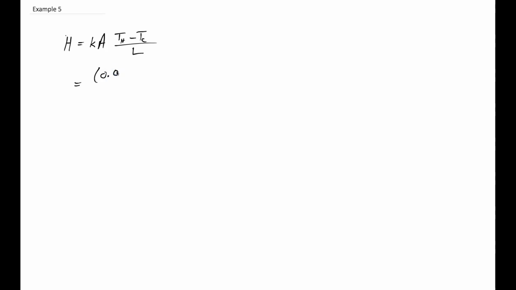We find out that for styrofoam, it's 0.027 watt per meter Kelvin. The area we're given as 0.8 meters squared.